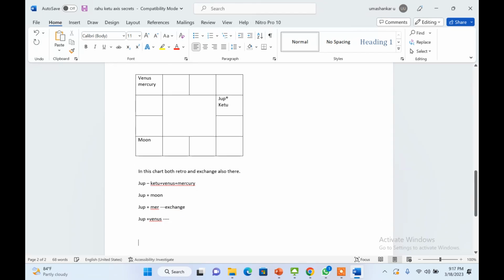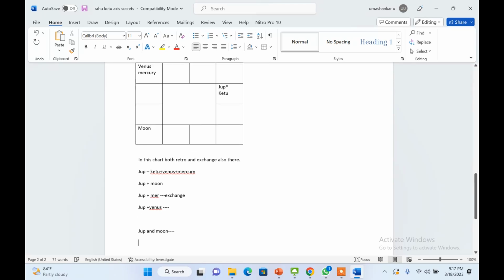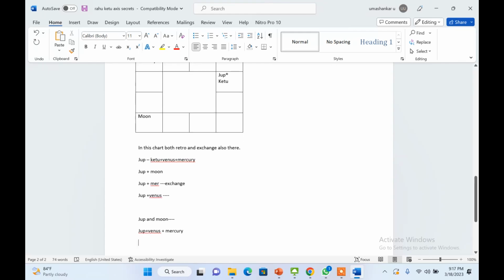Now I will throw another scenario. Jupiter and Moon are exchanging, right? Now what happens? Jupiter plus Venus plus Mercury. And this Jupiter is now undergoing retro.